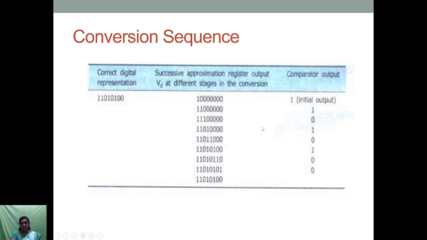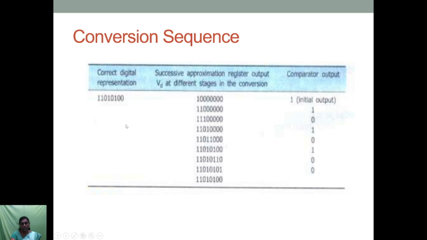In this truth table it shows the conversion for an 8-bit converter. For example, suppose that for the given analog input, the output of the digital converter should be 11010100. Now I am going to explain how we are going to get this output.